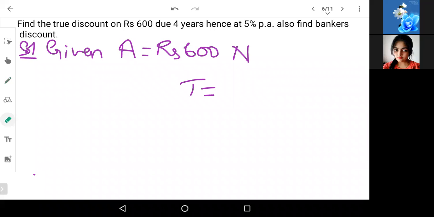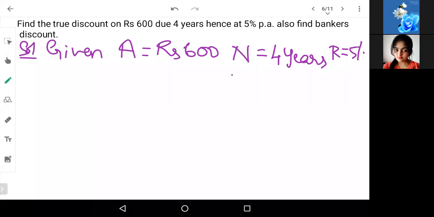But in bill discounting, we represent that with N. So N is 4 years. Now next, after that, rate of interest is 5%.